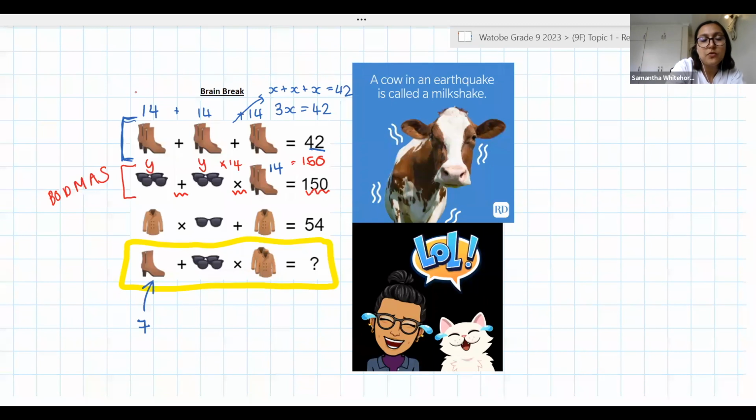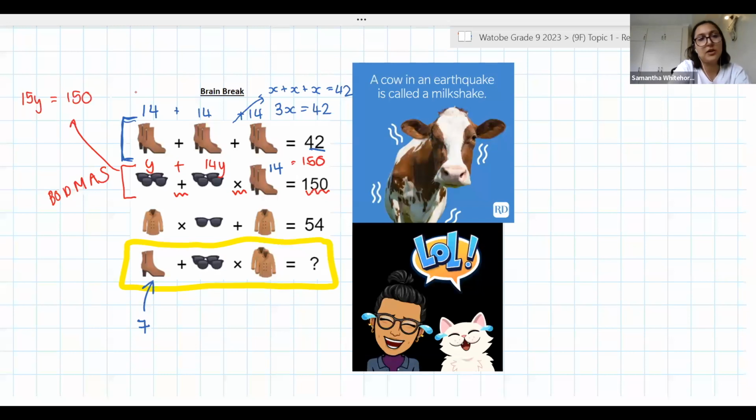Now, again, 14 times y or y times 14 is actually just 14y. And so I've got like terms here. So if we add the y's together, we would have 15y equals 150.